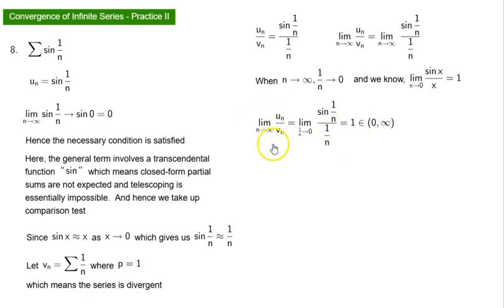Here basically we are changing the variable n to 1 by n. So as n goes to infinity, we are replacing it with 1 by n goes to 0. Which means u sub n is sine 1 by n and v sub n is 1 by n, and the limit is 1, which is a finite non-zero value. So since v sub n is divergent, u sub n is also divergent.